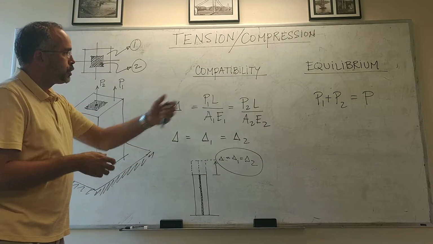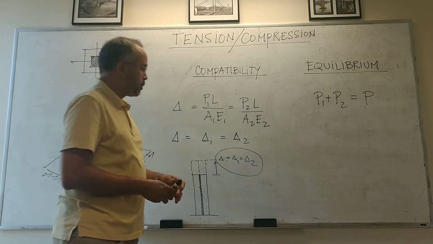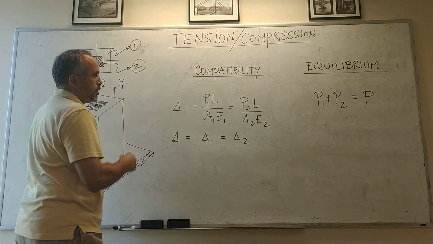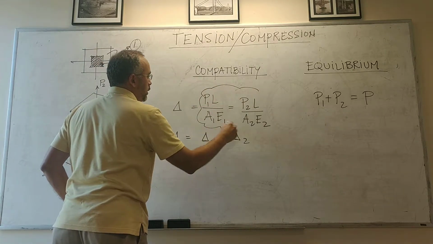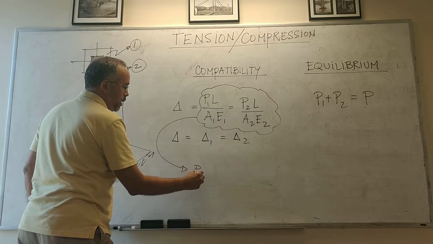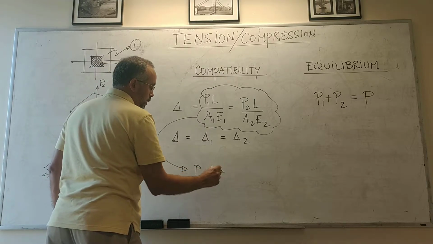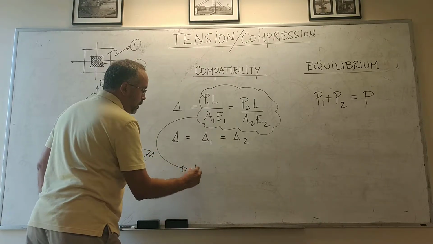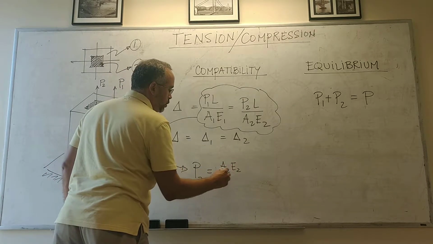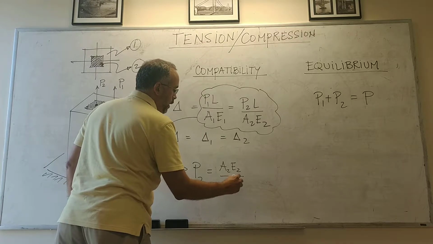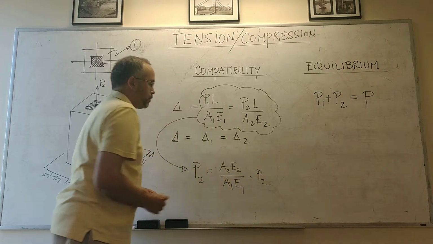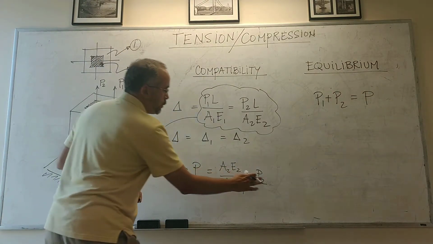So we need to use these two equations to solve for the two unknowns, P1 and P2. If we do that from this equation here, we can find that P2 will be A2 E2 divided by A1 E1 times P1.